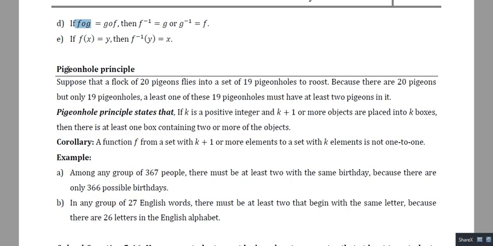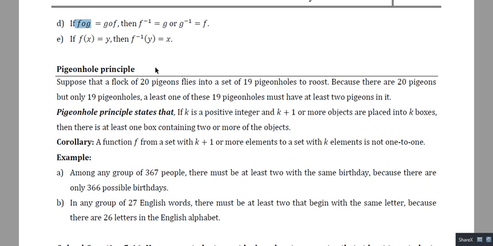Now this is the last topic of unit 1 of your syllabus, that is called the pigeonhole principle. The pigeonhole principle says that if there are m pigeons and there are n holes such that m is greater than n, meaning the number of pigeons m is greater than the number of holes n, then there will be at least one hole which will occupy more than one pigeon.